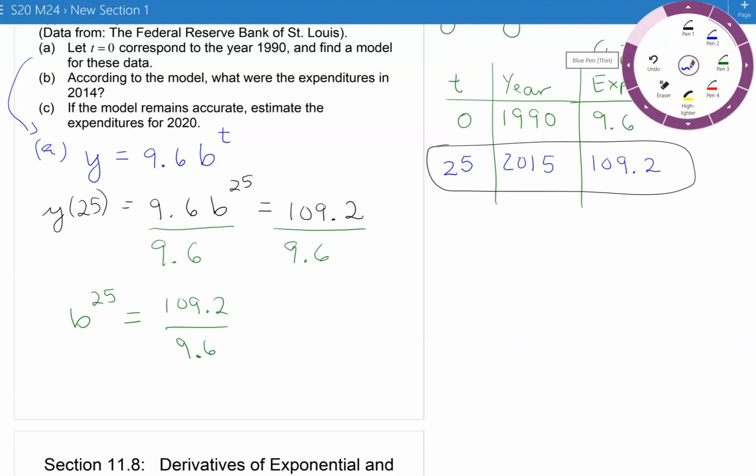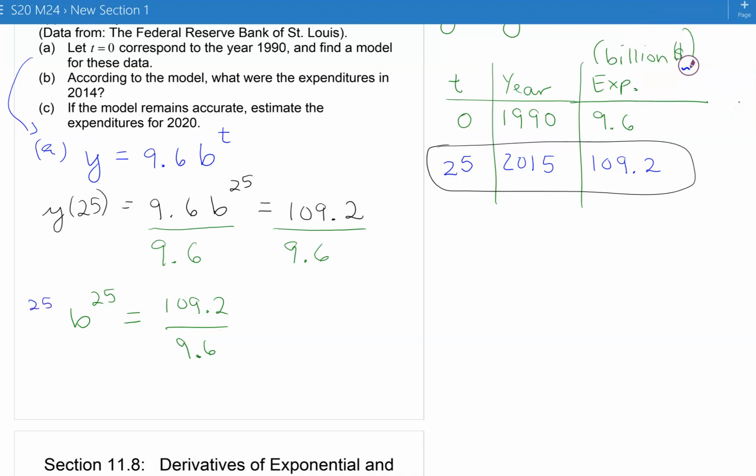Well, to undo to the 25th power, you do the 25th root, or as we also have learned now, you can write it as a fraction exponent of 1 over 25.